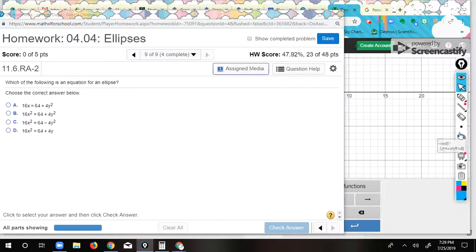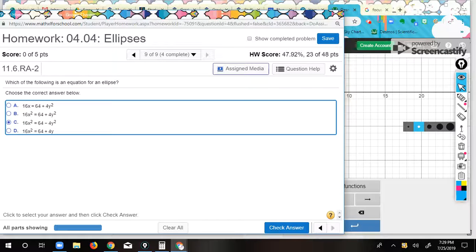So which of the following is an equation for an ellipse? Ellipses have x's and y's that are both squared, and you are going to have an addition sign in the middle. If you have a subtraction sign, you're dealing with a hyperbola.